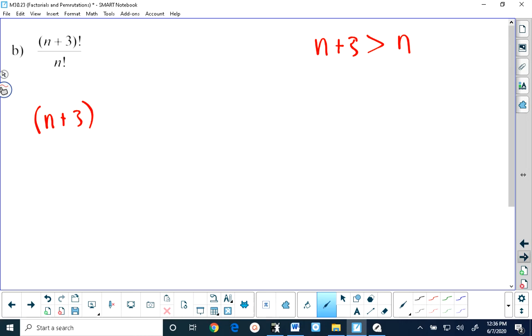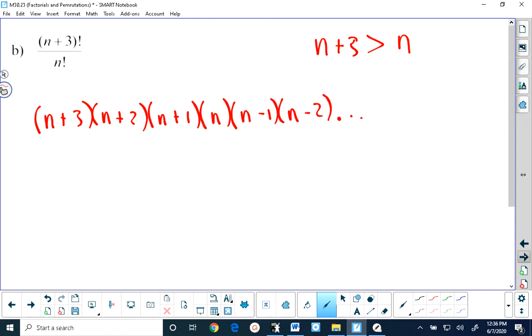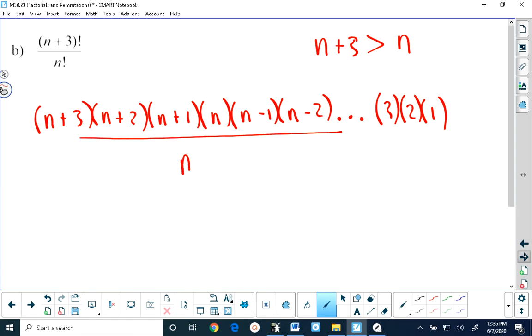So it's n plus 3 times 1 less, which would be n plus 2, times 1 less, which would be n plus 1, times 1 less, which would be n, 1 less. And what you want to do is write enough of these so that you see what will cancel. This is over n factorial.